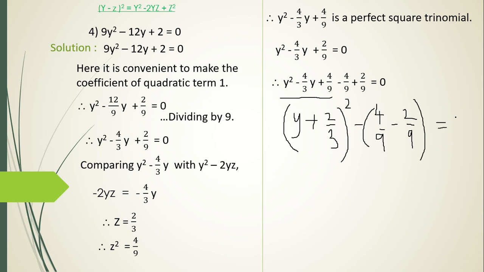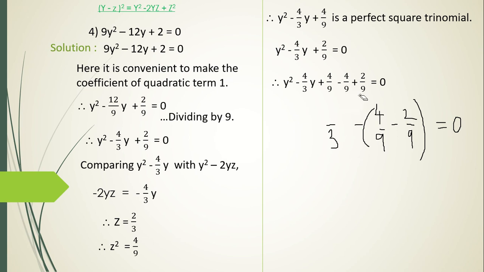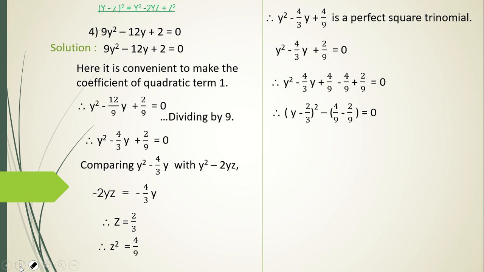Now the denominator is the same, so you can directly subtract. 4 minus 2 is 2, so you will get 2 upon 9 here. So that's y minus 2 upon 3 the whole bracket square minus 2 upon 9.